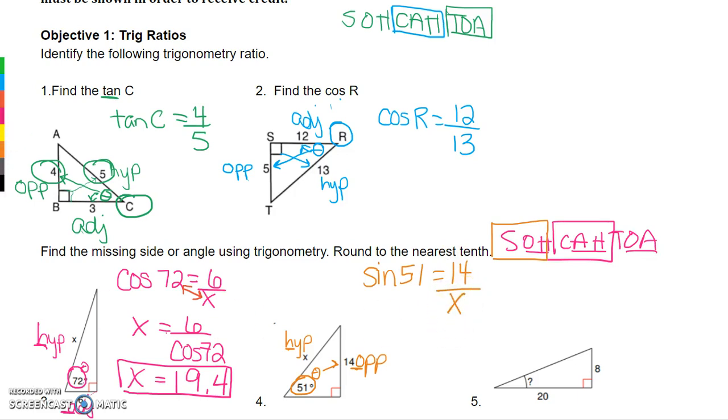Okay, again, I see my x is in the denominator, which means I can switch places with the trig function. So I have x equals 14 over the sine of 51. Okay, so bringing back my calculator.